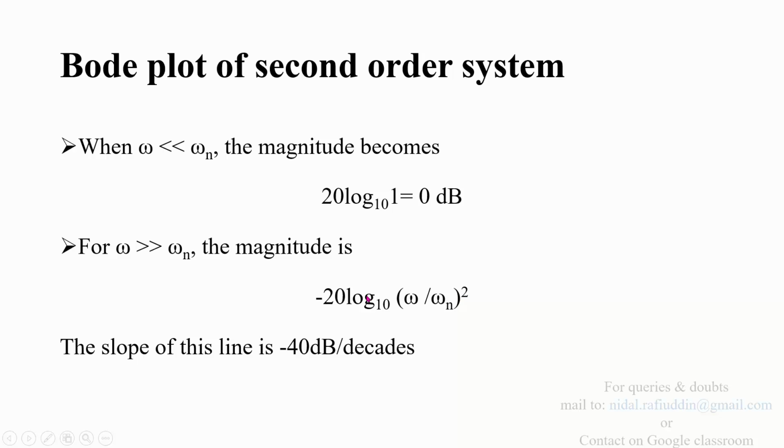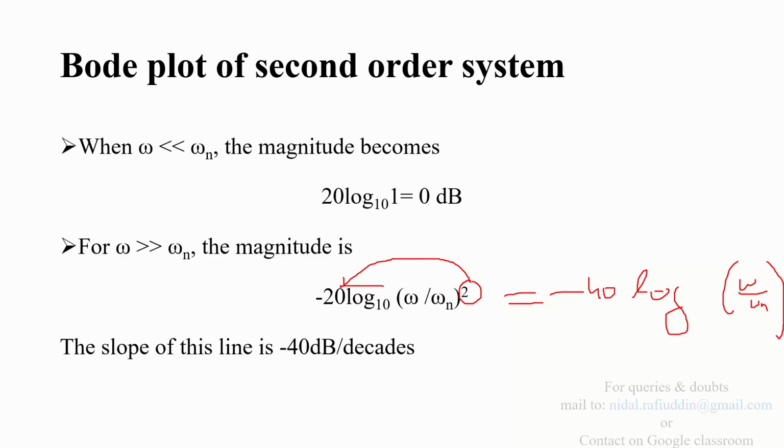So if you take this 2 to the left side, then this value can further be written as minus 40 log to the base 10 omega by omega n. So in order to conclude about the slope or plot the line, you are supposed to remove this 2. You take this 2 here, and this makes minus 40.